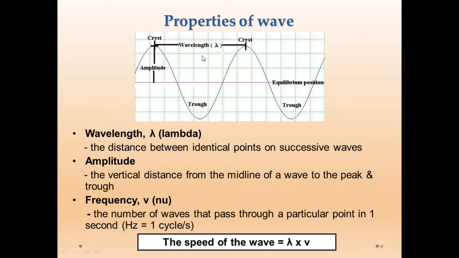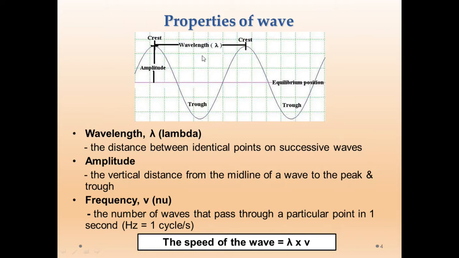We can also calculate the same wavelength from here to this distance, and it is the same distance. So what I mean by wavelength, or lambda, is the distance between identical points on a successive wave. It could be from this point to this point, or this point to this point.